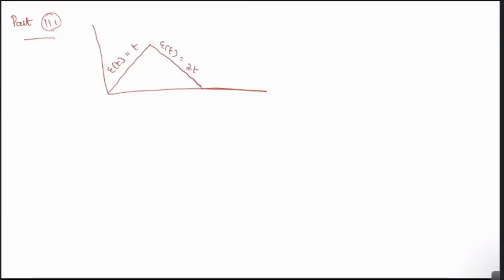Now part 3, E of t is basically 0 because it just coincides with the x-axis t, and E of t for this line will be 0. So E of t for part 3 will be 0.